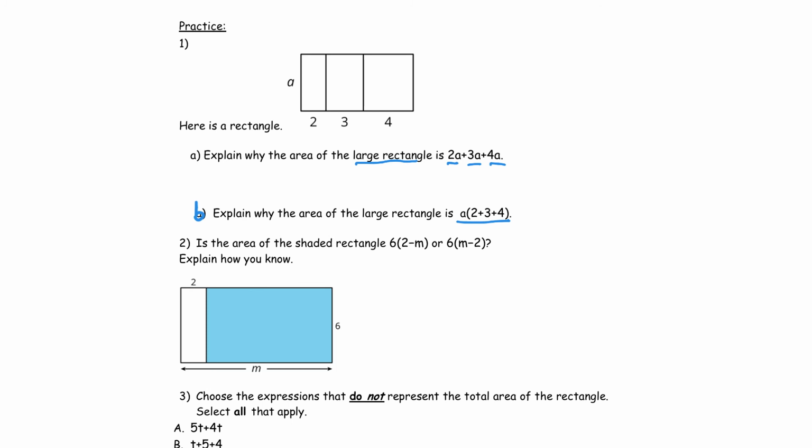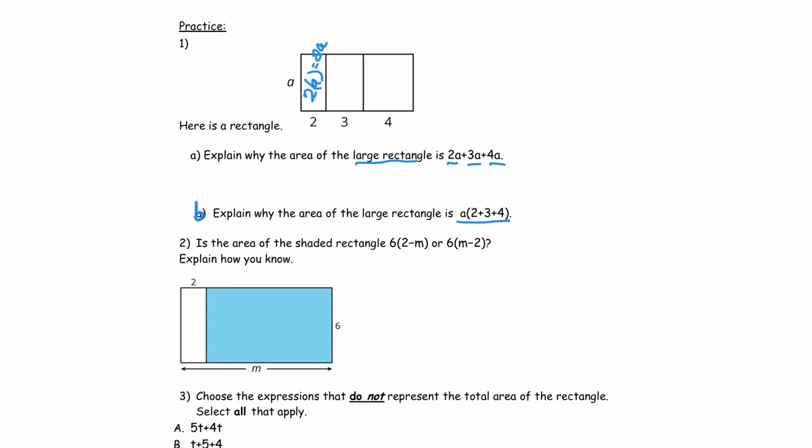Let's look at letter A. The large rectangle, 2a plus 3a plus 4a. As we showed previously with the models, we can apply the distributive property, and we could see that the area of the first rectangle would be 2 times a, which is equal to 2a.